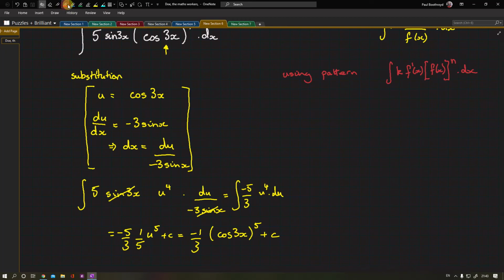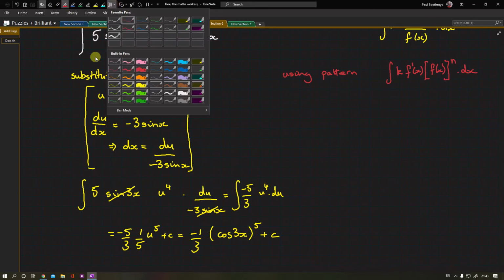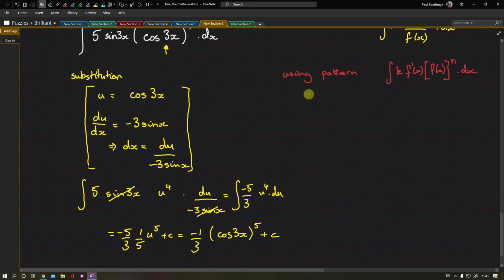If I go to using their pattern, they've got a section in here where they don't know how to deal with this k, and you do it by matching terms. Other than that, it's actually quite simple, similar. So they say, I know that my function inside is cos 3x. So say f(x) is cos 3x.